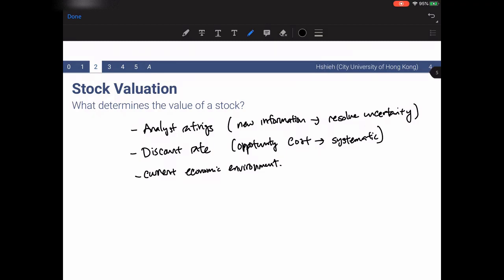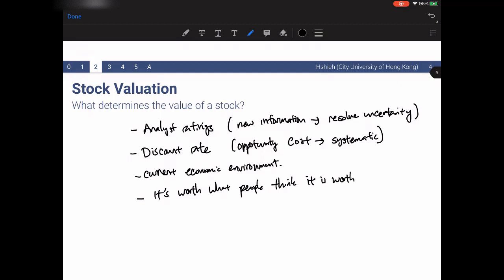Okay, so at the end of the day, these are just many things. There's really only two things that really matter. One is whether or not there's new information coming out, right? And that really ultimately depends on people's expectations and uncertainty. So stock valuation, at the end of the day, it's just worth what people think it's worth. So sentiments. So I'm just going to write it's worth what people think it is worth.